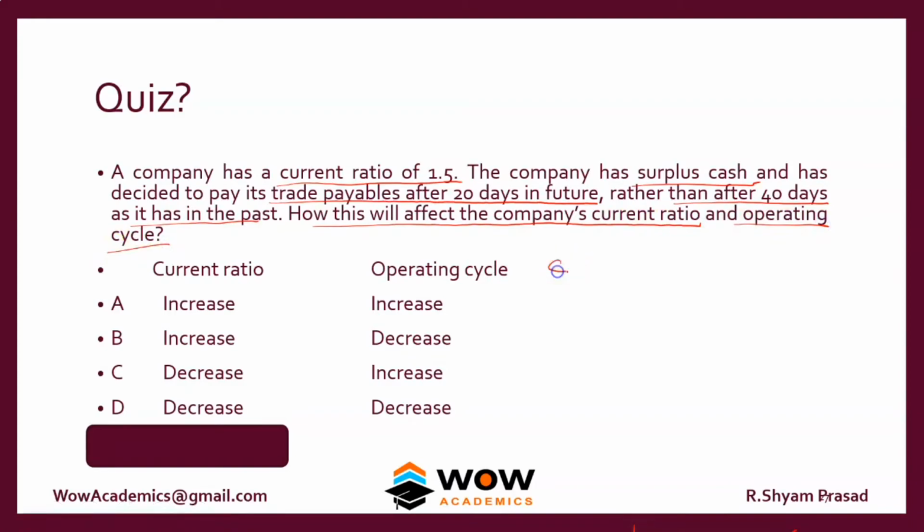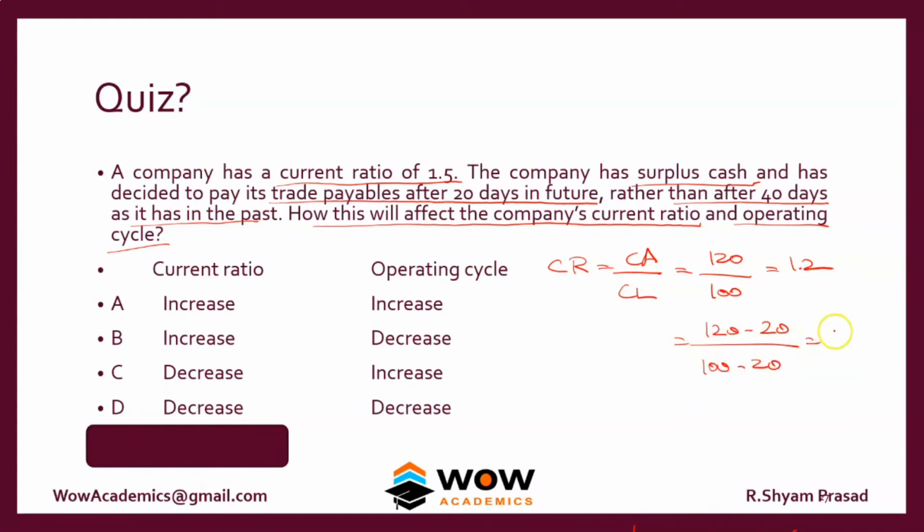We'll start with the current ratio. Current ratio is CA by CL. We'll take current asset as 120 and current liabilities as 100. So the answer comes to 1.2. Surplus cash is being repaid. We'll assume the surplus cash is 20 rupees and they have paid payables of 20 rupees.